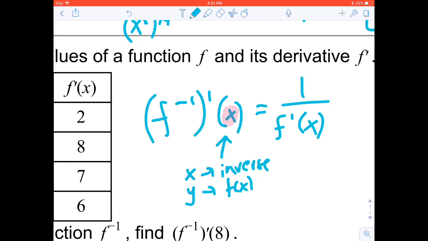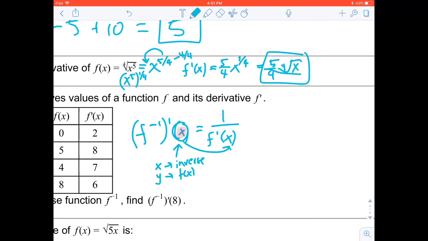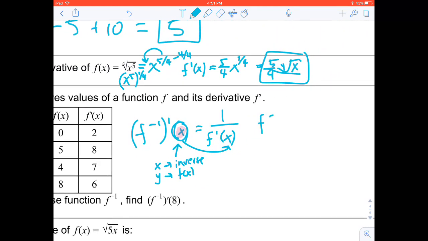So this value here is not the same thing as that x right there. So if we're trying to find the derivative of the inverse at 8, I'm not going to say 1 over f prime of 8, because that's not the correct relationship.